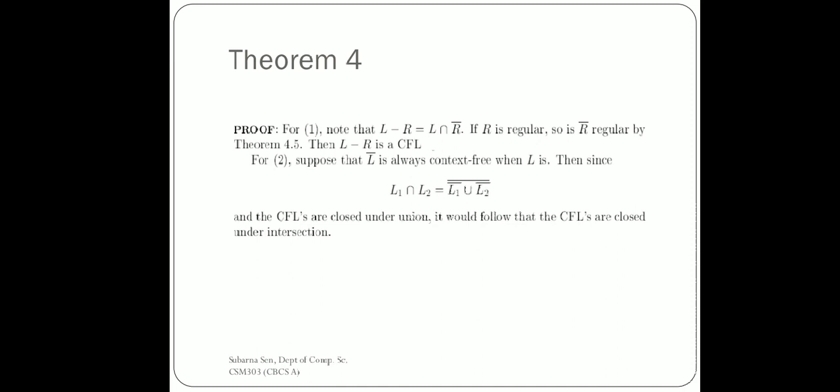Because we can prove this by using the substitution property. So if L1 and L2 are context free languages, the union of those two will also be a context free language. So if you can depict L dashed in this form using two separate languages and find the intersection of it, then it will hold. Otherwise it may not work. If we find the complement, it may not always be a context free language.